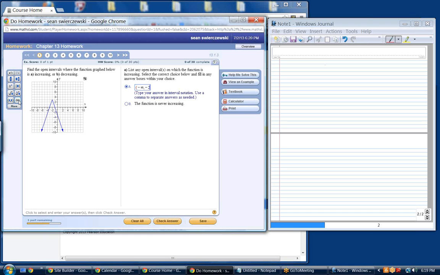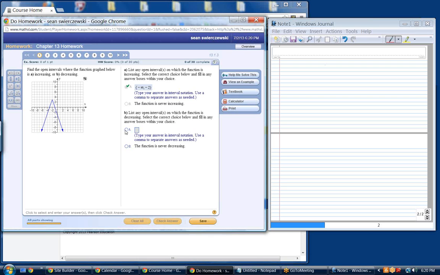And do we want a paren or a bracket here? Looks like a bracket. Actually, a parenthesis. Because it's not really increasing at that point right there. It's only increasing up to that point. And what's the interval that's decreasing?